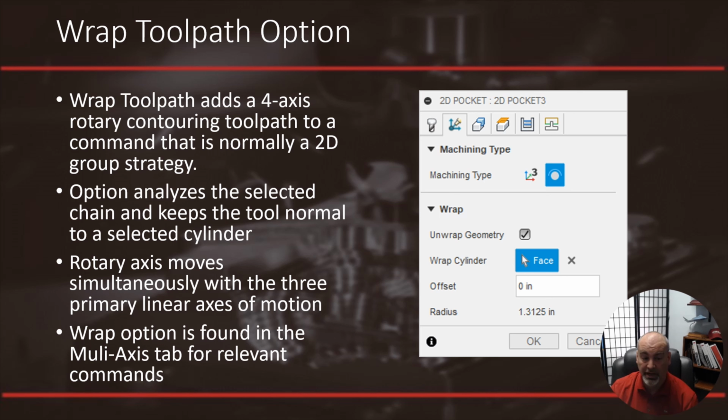And you need to select the cylinder you want to wrap around, and it will automatically bring in the radius of that wrapped cylinder. And you can put in an offset from that cylinder if you choose to. Again, you do have to have a 4th axis rotary, and the cylinder does need to be spinning around the center of rotation of the rotary axis for this particular function to operate properly.